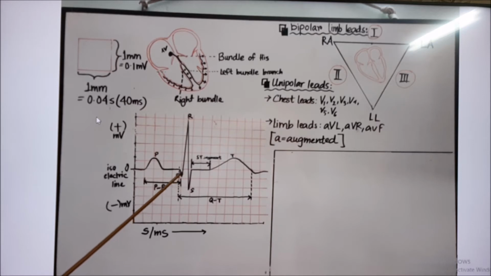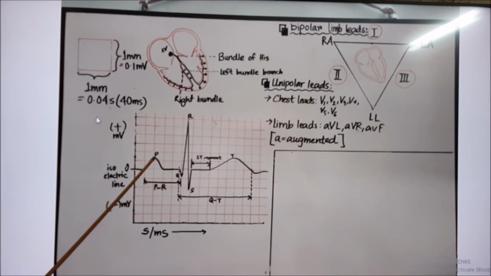Now, you see how you can draw an ECG. First, on the isoelectric line the P wave starts. Then it goes upward. How much does it go upward? It usually goes 2 or 3 millimeters in height. Then again it comes to the isoelectric line.